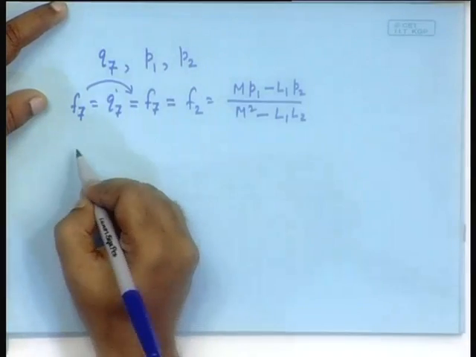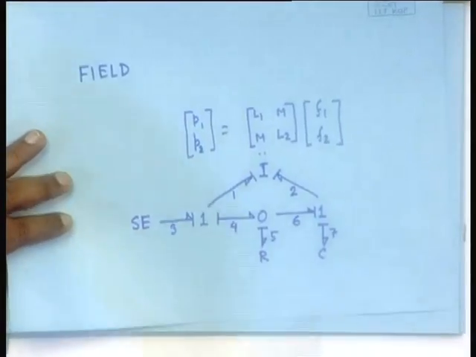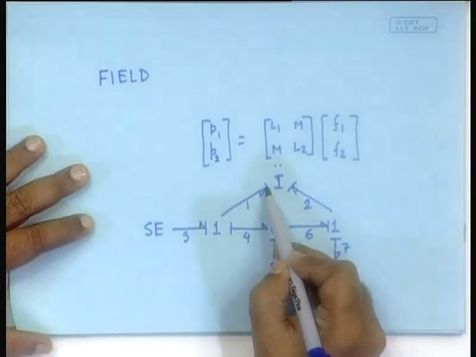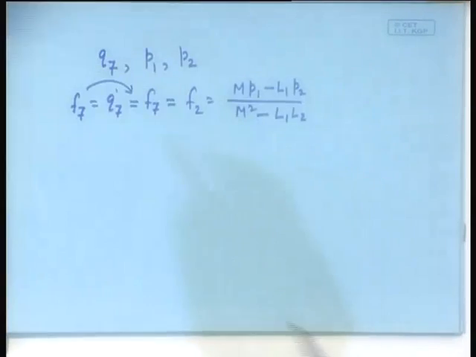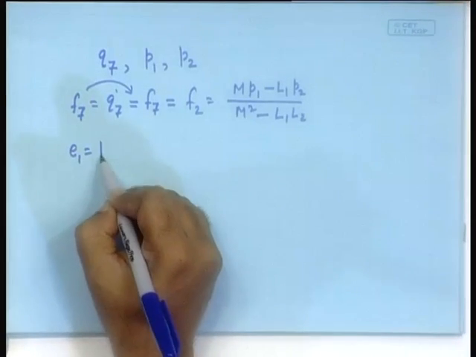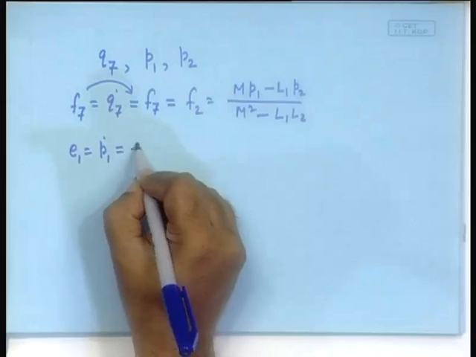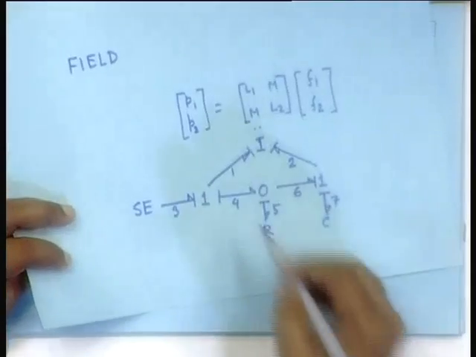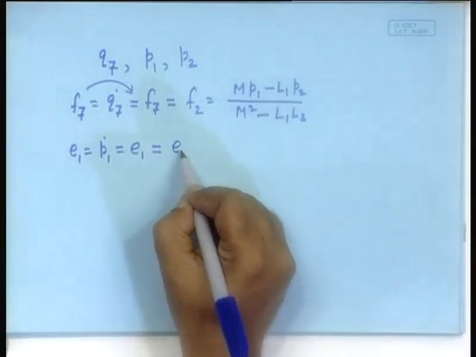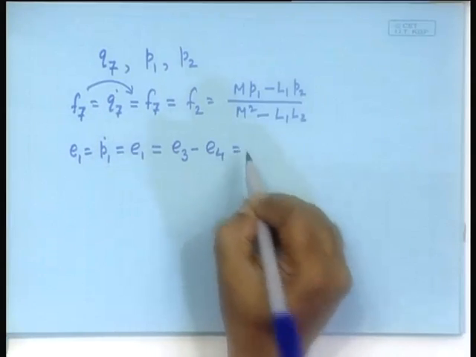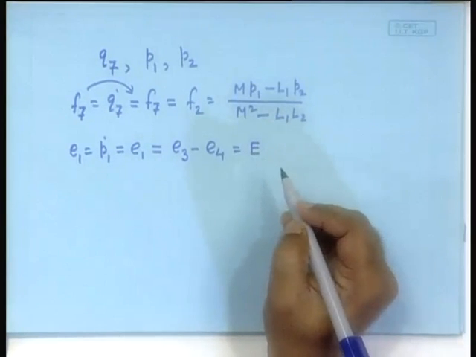Then we need to ask the question with respect to P1. What does this element receive from the system through this particular bond? E1. So, E1 is equal to P1 dot. Where does this information come from? E3 minus E4. E3 is known, which is E, the externally applied voltage.